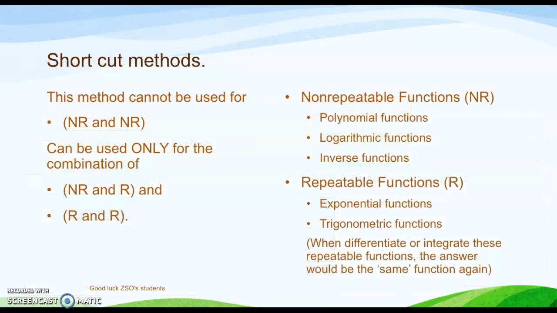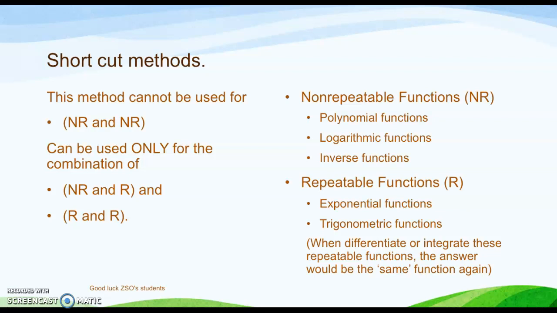Right. So this is the shortcut method. This method cannot be used for non-repeatable with non-repeatable. It can be used only for the combination of non-repeatable and repeatable, and repeatable and repeatable. Non-repeatable is NR, repeatable is R. Repeatable means if you differentiate it, it will give you the same function.